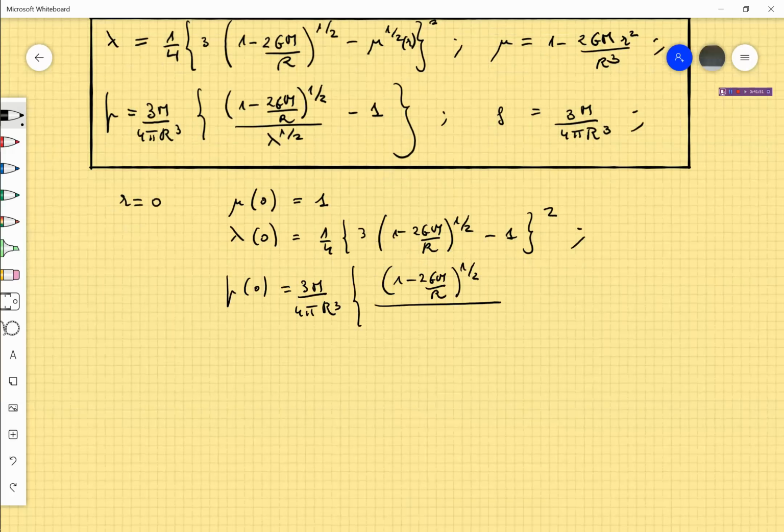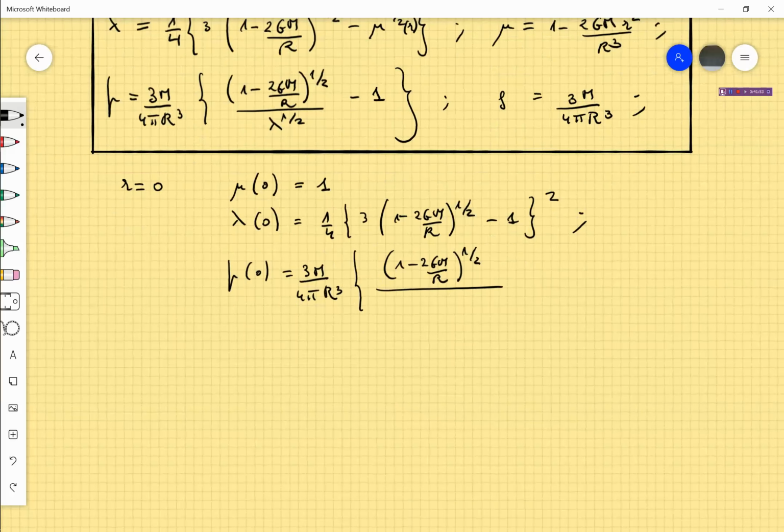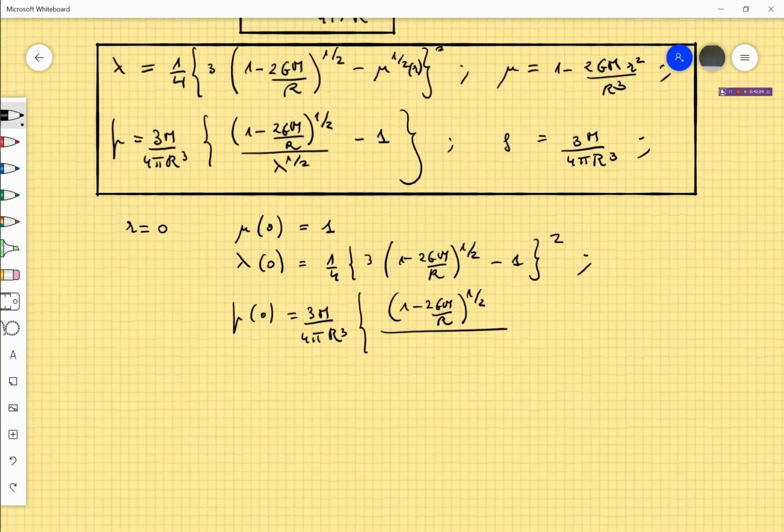Lambda 1/2 has... so what is the best way of doing this?